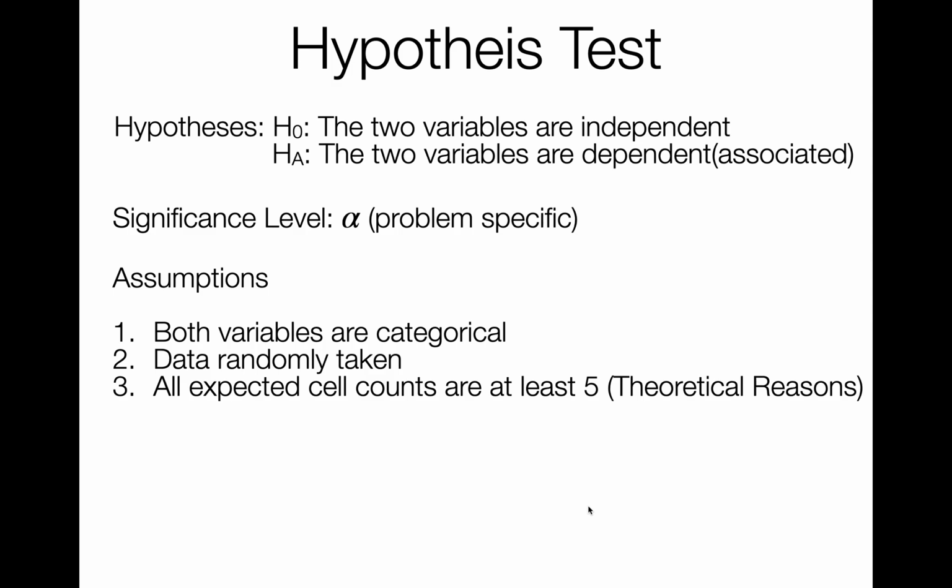But that's, again, sort of like a sample size condition that we've become used to for different types of problems. The one that you really need to check when you check your assumptions, before you move on, is that all expected cell counts are at least 5. I'll show you how to do that later. When I mean expected cell counts, I mean that expected table that we worked with in the last video.